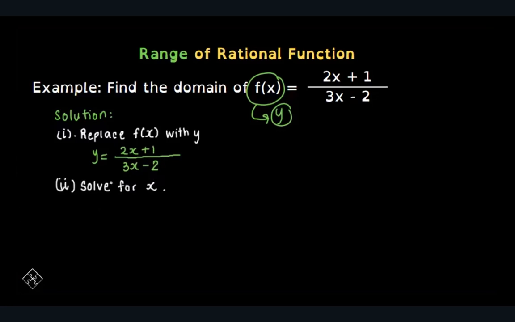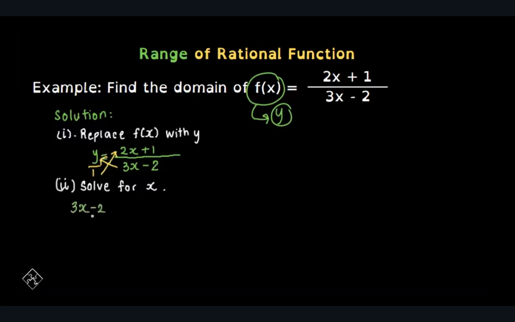How do we do it? First is to cross multiply the 3x minus 2 dito sa y. Itong 1 naman, multiply natin sa 2x plus 1. Okay? So, cross product tayo. So, itong 3x minus 2, multiply natin sa y. So, how do we do this? We have 3x minus 2.